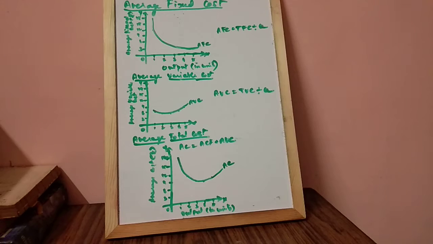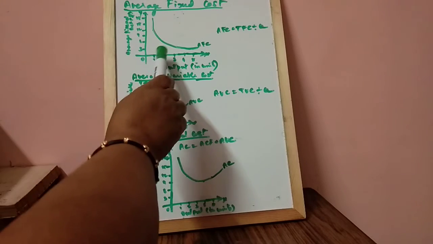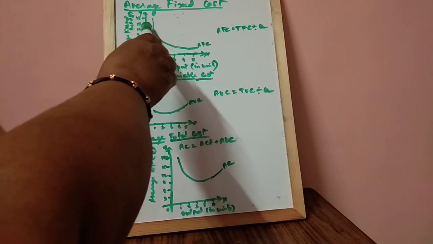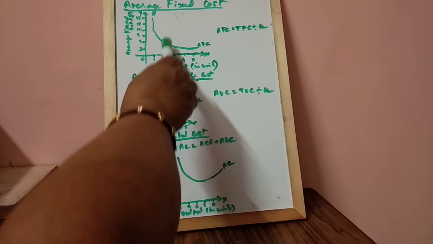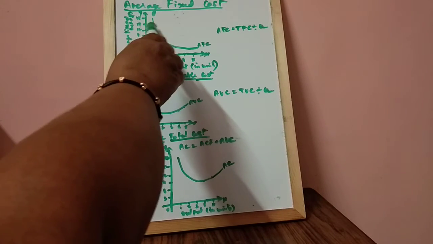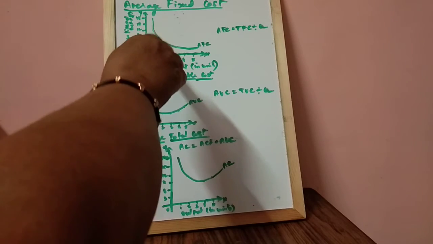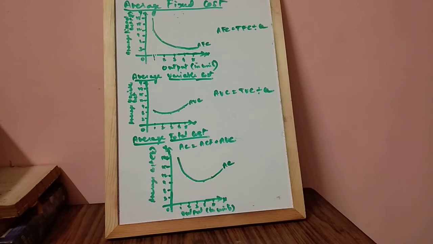For example, if you mark this point, 1, so 12 here, then 2 you find 6. So this rectangle and this rectangle, you find the size remains the same.